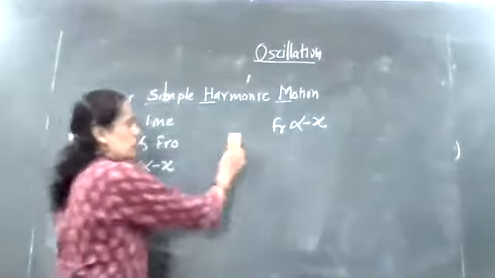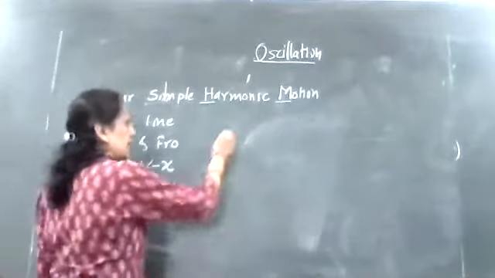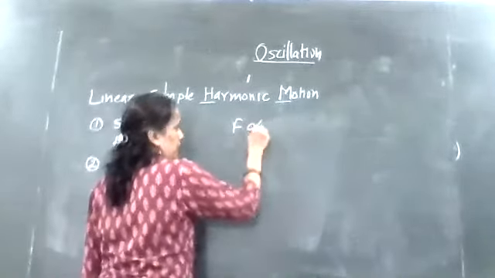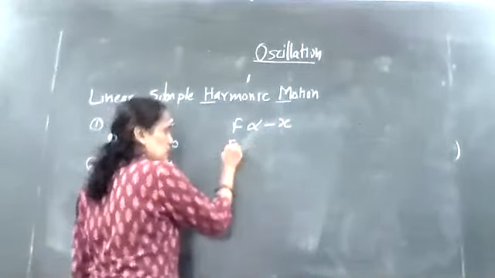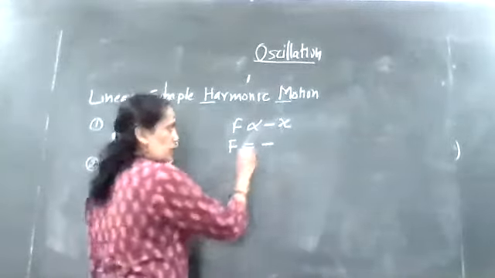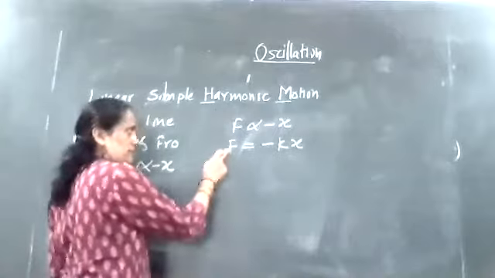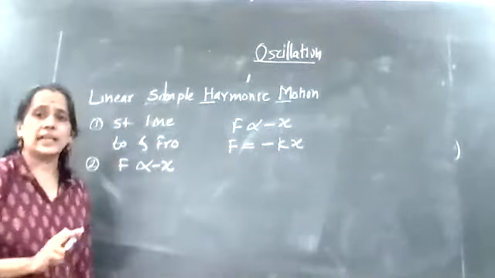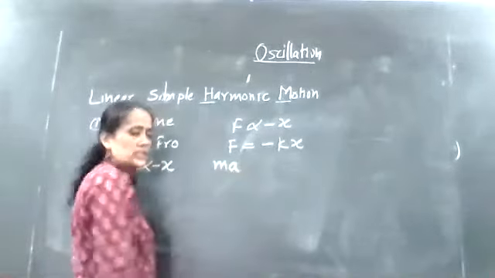Clear? Now here I will get one more definition. Force F is directly proportional to minus x. If I remove the proportionality sign, I can add a proportionality constant k. So F = -kx. According to Newton's second law, force is equal to mass times acceleration.